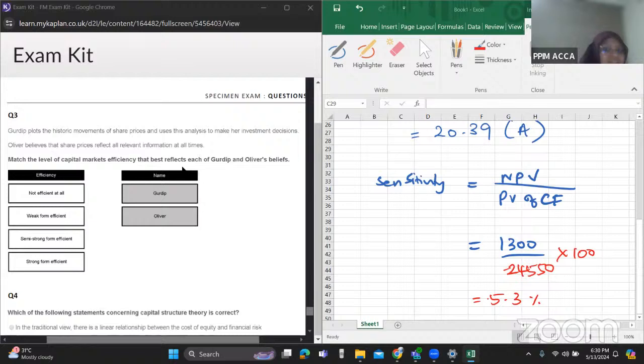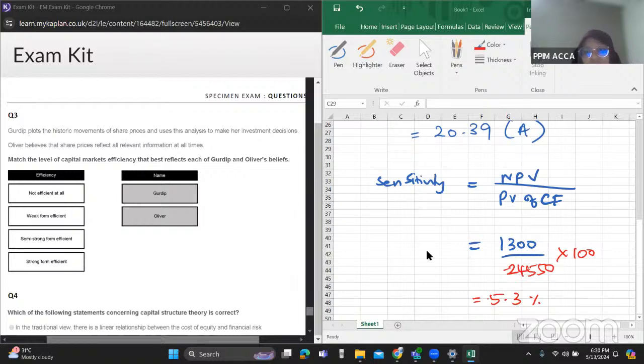Another person, Oliver, believes that share prices reflect all relevant information at all times. So he is taking decisions based on whatever information is available. It's saying match the level of capital markets efficiency that best reflects each of Gurdip and Oliver's beliefs.